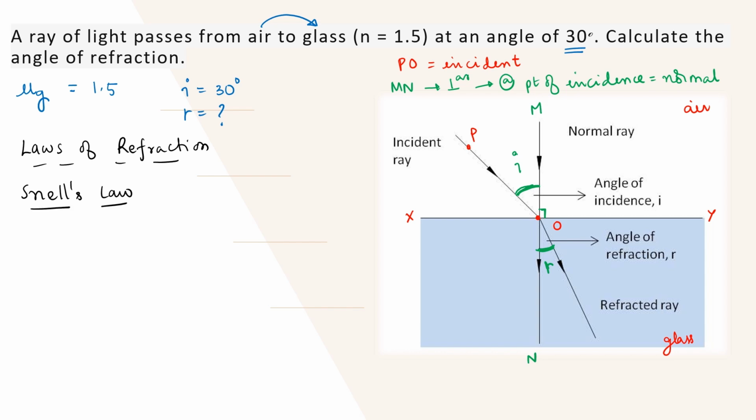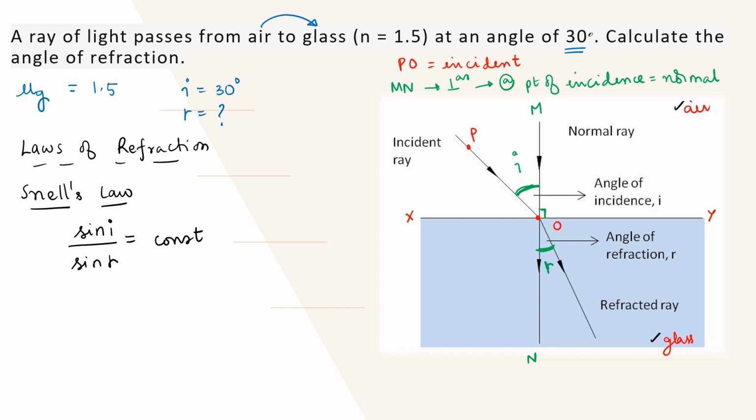This law says that for two given media, here one is air and the other is glass, the ratio of the sine of the angle of incidence and the sine of the angle of refraction is constant.